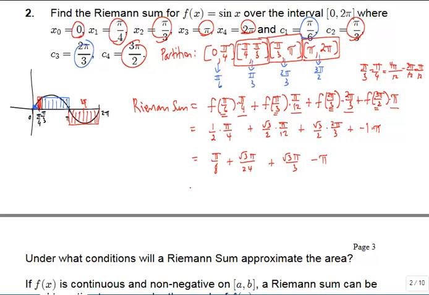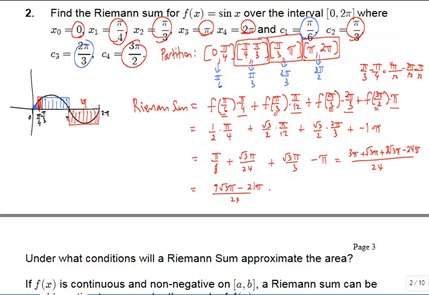So I'm going to leave it to you to get your common denominators. You would change all of these to 24s, something like this, 24, then you'd get a 3 pi plus that root 3 pi plus 8 root 3 pi minus 24 pi. Combining your like terms, this is going to give you 9 root 3 pi minus 21 pi all over 24.